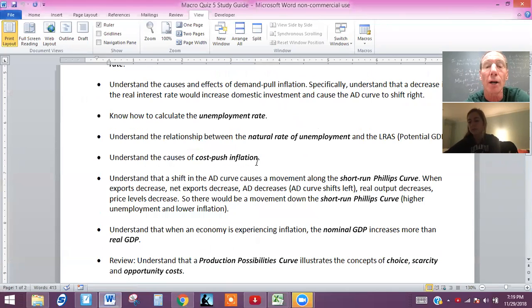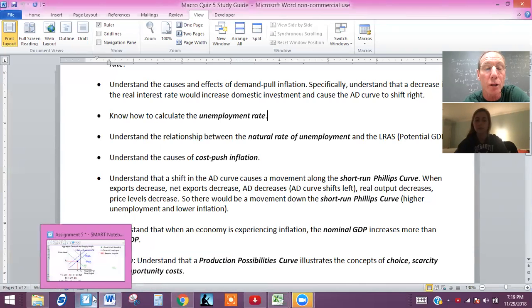Now, cost push inflation is simply when price levels go up because the aggregate supply shifts up to the left. So it's the cost. We also know that the aggregate supply is also the marginal cost curve.